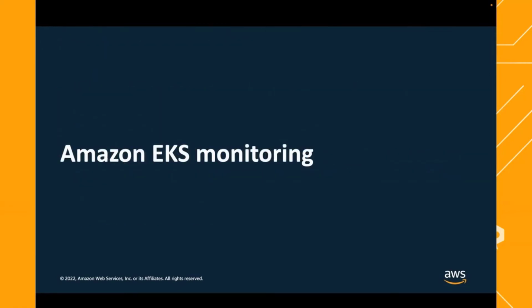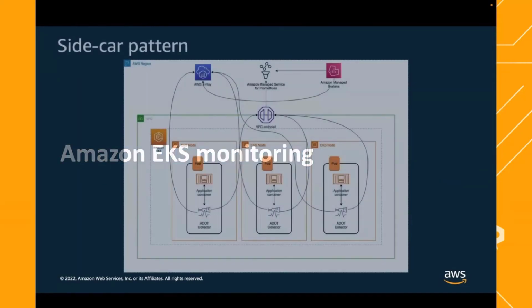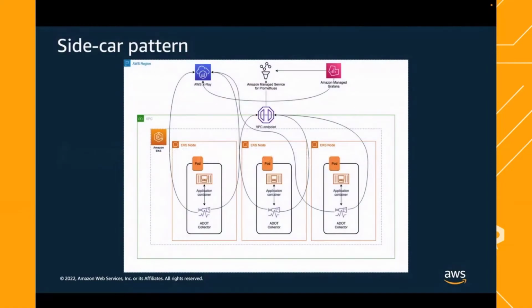For Amazon EKS, there are multiple ways for you to deploy your collector to collect metric information. In this example, or the architecture that you see here, although it looks complex, you can see that every single pod has an ADOT collector deployed as a sidecar, and this is one of the ways that you can deploy to collect metrics and traces from your workloads.